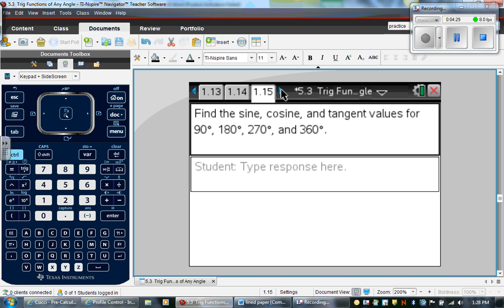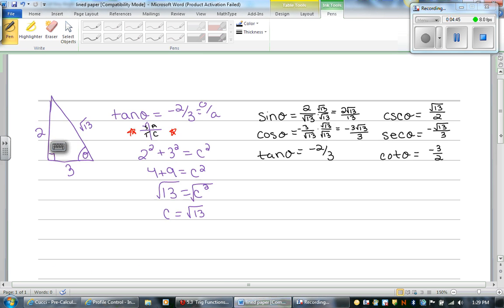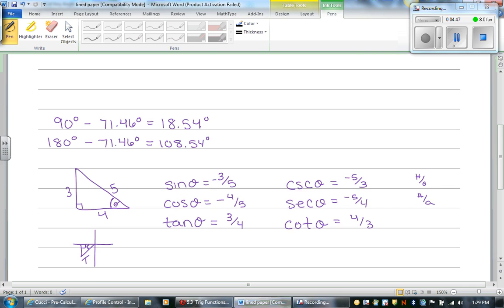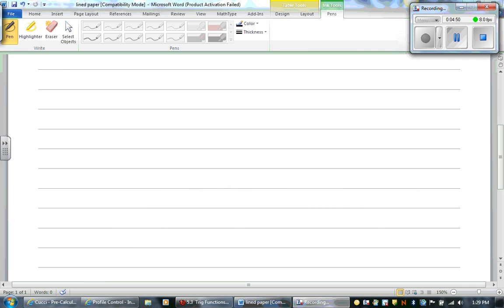All right, so find the sine, cosine, and tangent values for 90, 180, 270, and 360 degrees. What I'm going to do is put a quick sketch of our unit circle on here for us to take a peek at.